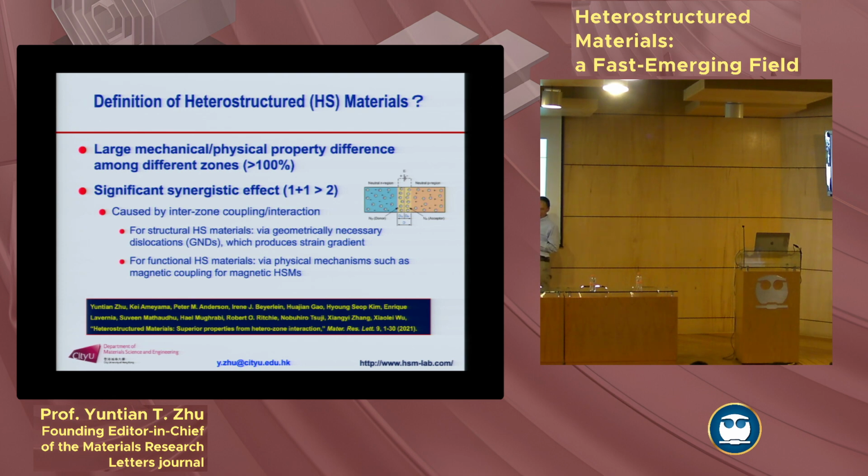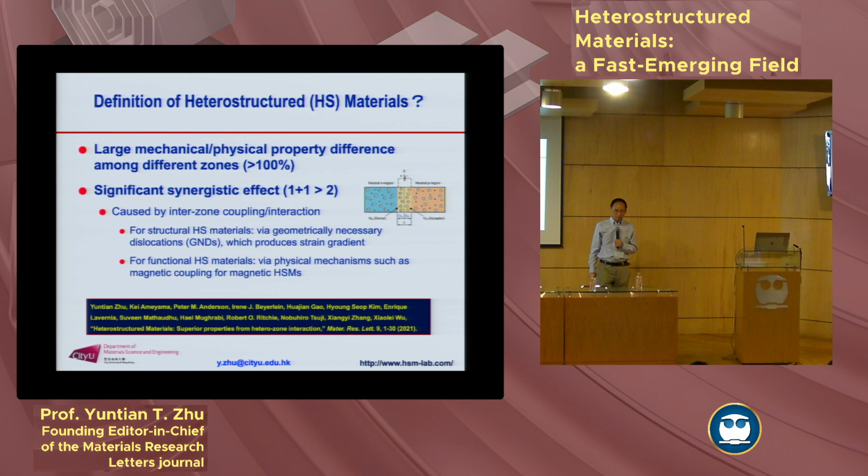If you have that, it does not guarantee great property. Okay? We want only those materials with good property. So we want another criterion, which is that it has to have a synergistic effect.